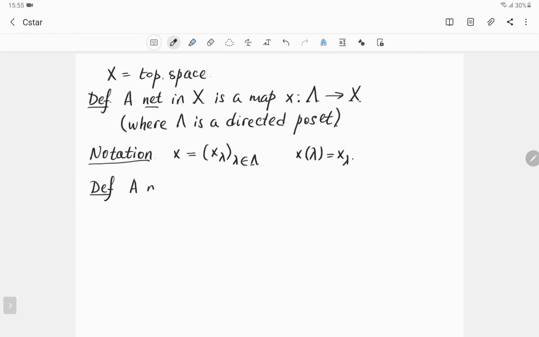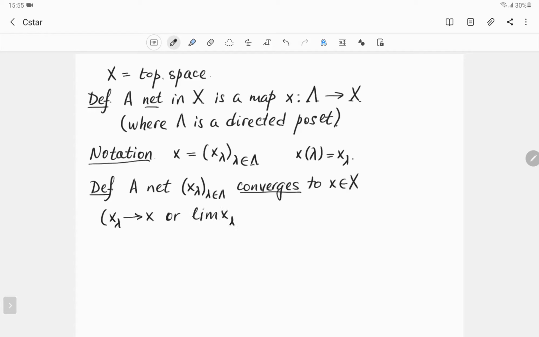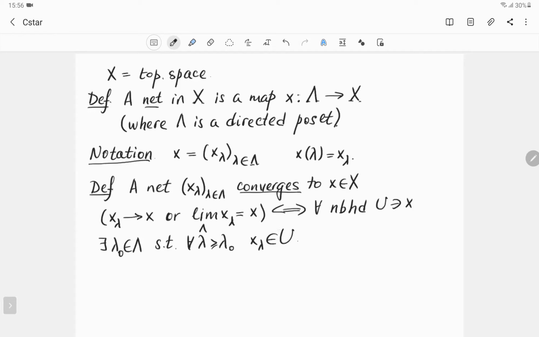So we say that a net x lambda converges to a point little x, and we write the following sequence of symbols, or sometimes we say that the limit of this net equals x, if for each neighborhood u of x there is an element lambda 0 in our set, such that for all elements that are bigger than lambda 0, the respective elements x lambda are in the same neighborhood u.